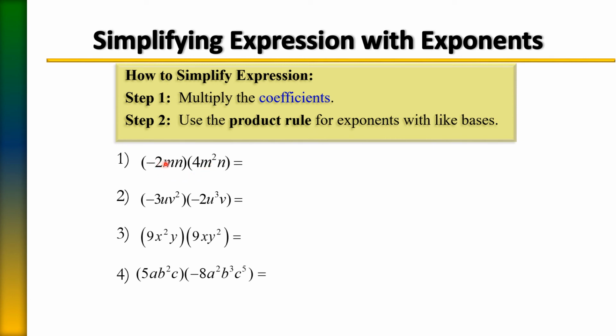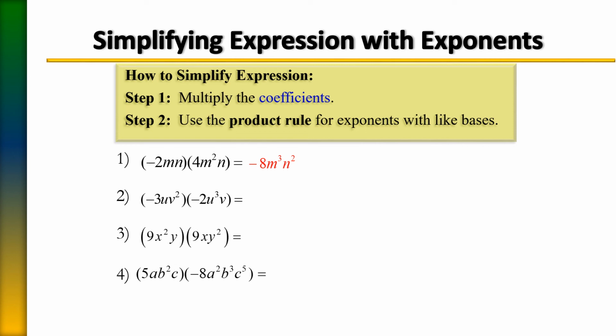Keep the base of m, add those two together. 1 plus 2 is going to give me m to the 3rd power. For the n's, I have a total of 2 n's. That's going to be n squared when we add them together. So the answer to number 1 then would be -8 m cubed n squared.